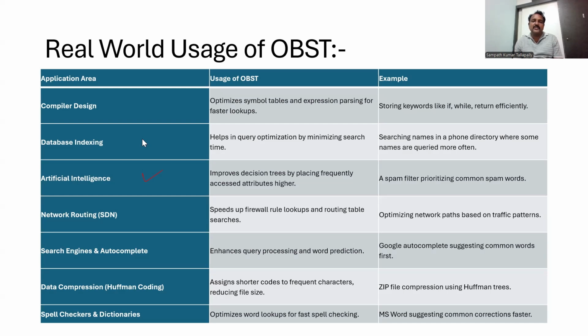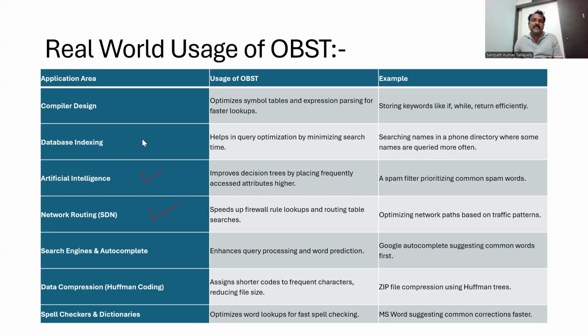And also we are going to use the same OBST for network routing in SDN, where we have the computers around and we construct a tree for these computers in such a way that frequently used computers are treated as the root node, and less frequently used computers are treated as the left child, right child, and so on.